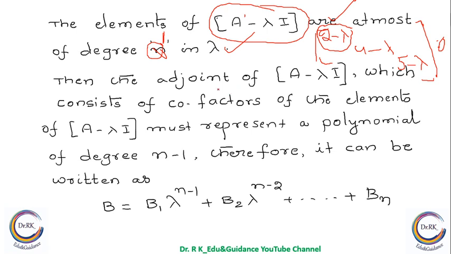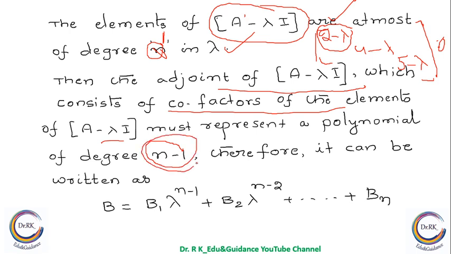The adjoint of A minus lambda I, which is nothing but the cofactors of the elements of the matrix, represents a polynomial of degree n minus 1. So this is one of the important points and sometimes a confusing point also, right?